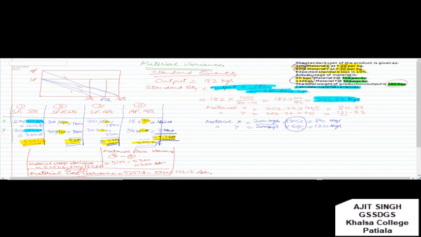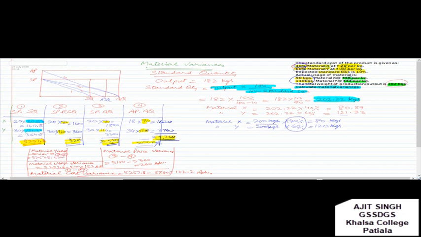Then two variances are left. First one is material yield variance. It is first minus second calculation. This is 5257.8 minus 5200.